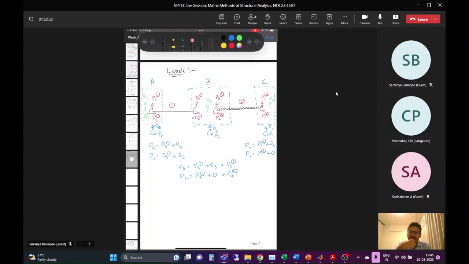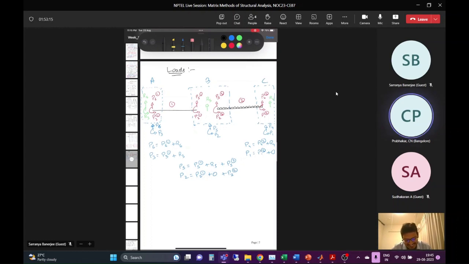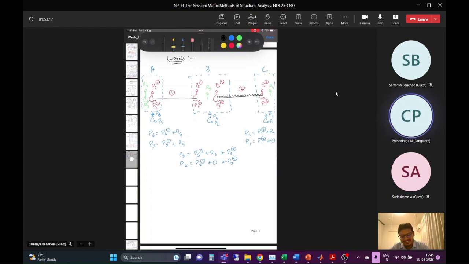Then we are using that u1 u2 to find the unknown reactions. That unknown reaction is already there with us for the joint load vectors. We'll get to that, that is the next step. So far it is clear.